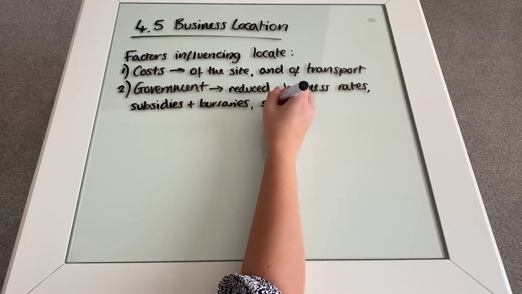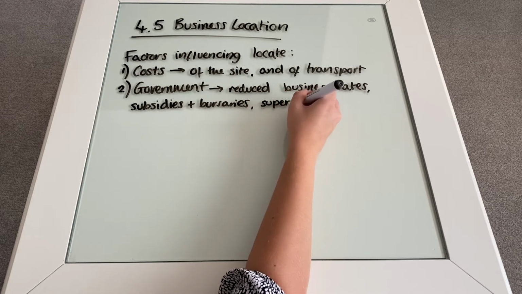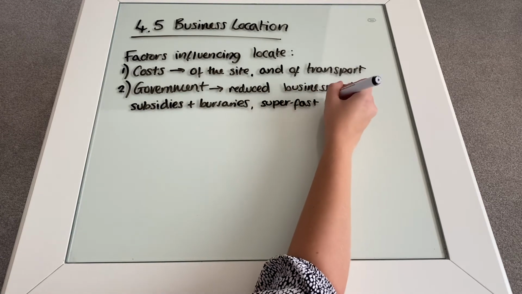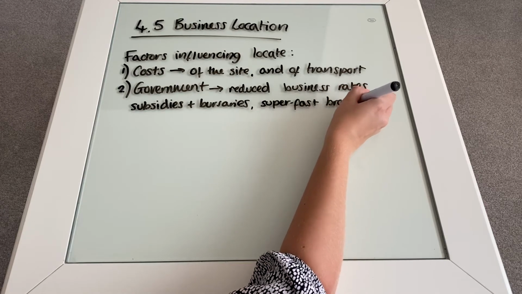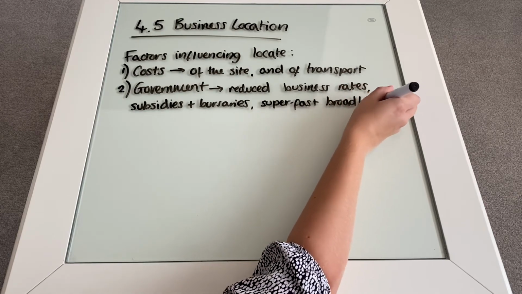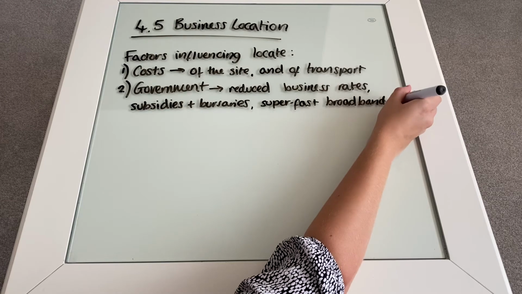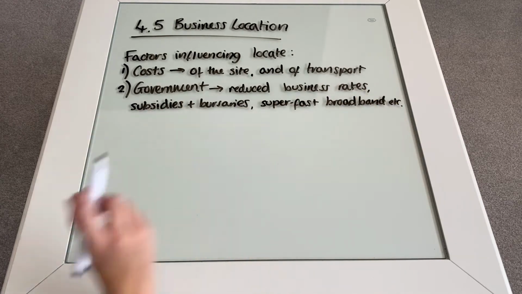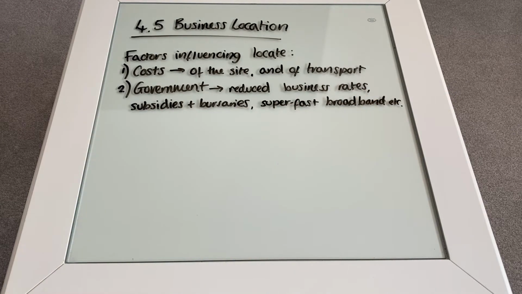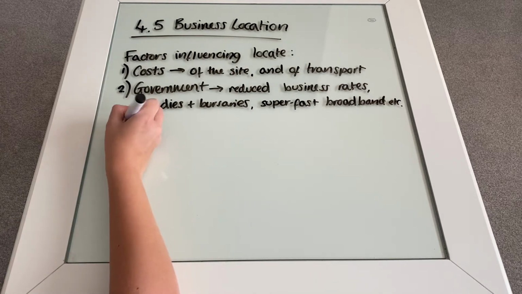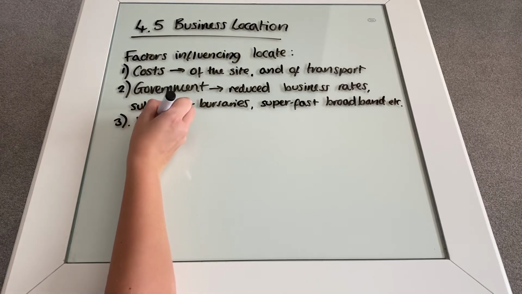They sometimes put in super fast broadband in places that are struggling, just to try and attract more businesses. All these sorts of things need to be thought about because they could help your business, particularly as a startup, to save money.